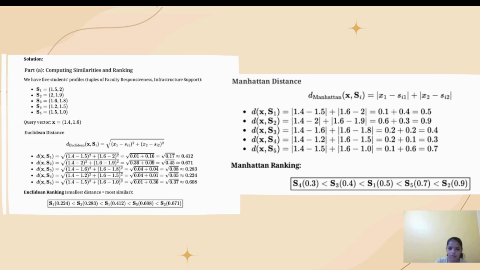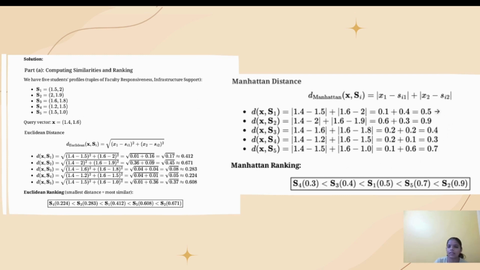So we will substitute the attributes a1 and a2 for student S1, which are 1.5 and 2. Then when we perform the calculation, our distance for S1 is 0.5. Similarly, we will calculate the distance for the remaining students with the help of our given data set, as you can see here.